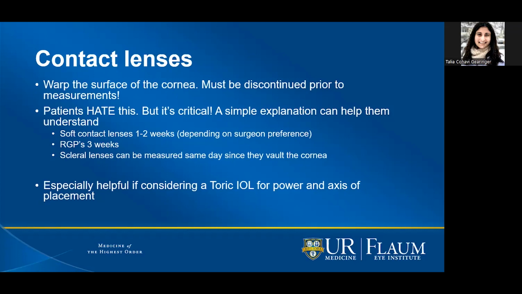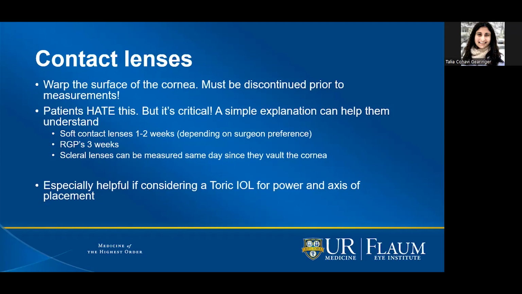RGP wearers love their RGPs. They see great in them, but they're the most important patients to be out of these lenses. And even at that 6 week mark, you can always bring them back a second time to make sure that they've stabilized, because they can continue to shift. It can take weeks and weeks and weeks for their corneas to relax back to their natural state.